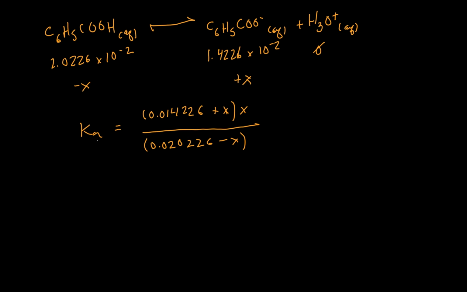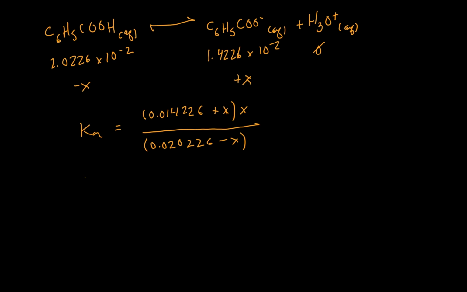And we were given a Ka value here, so this was 6.3 times 10 to the negative 5. Okay, so 6.3 times 10 to the negative 5. All right, we're going to multiply that by 0.020226. Should we assume x is small?